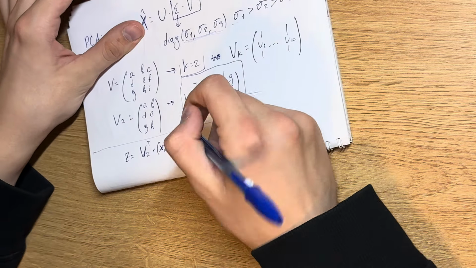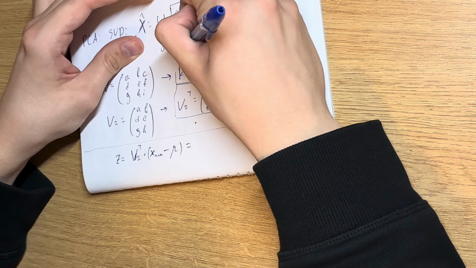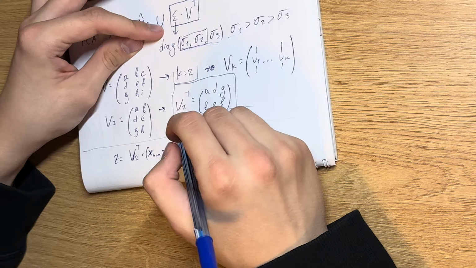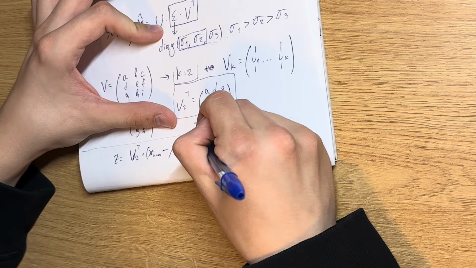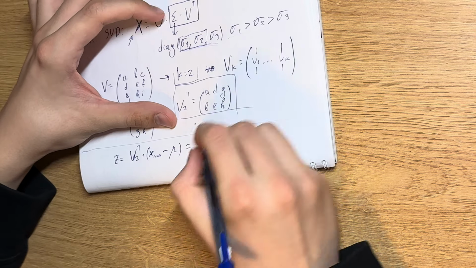As we consider only the two most significant features, the embedding will be just a vector 2 by 1 with some constants a and b.